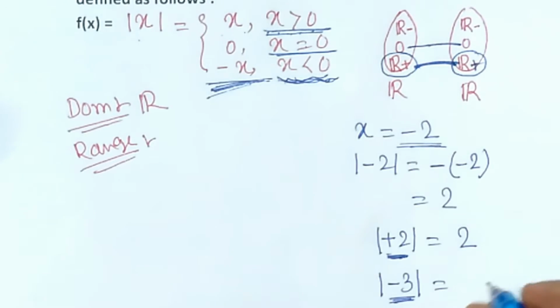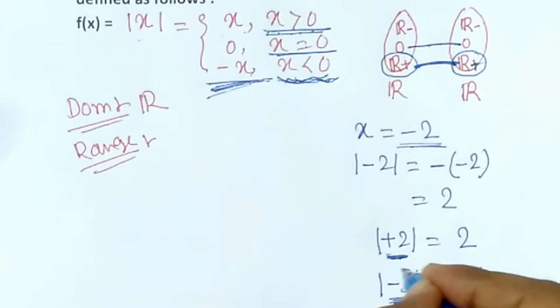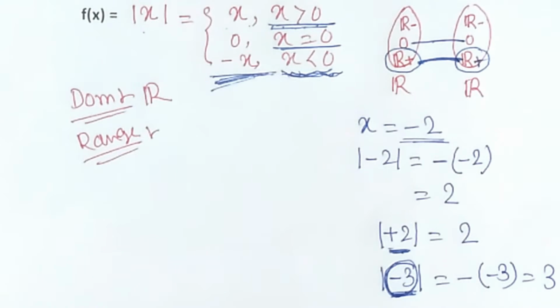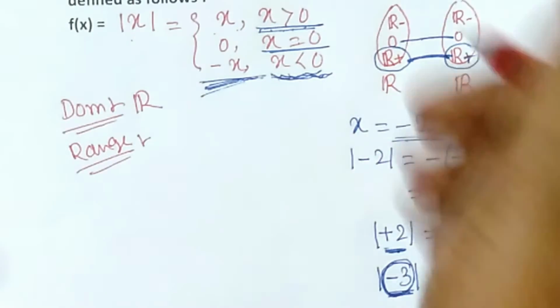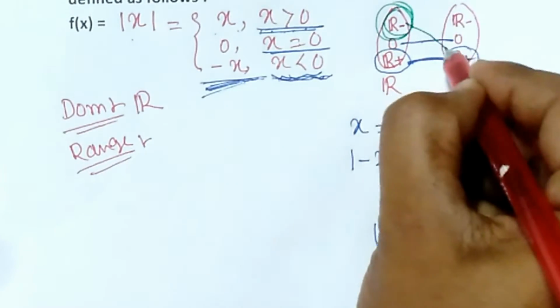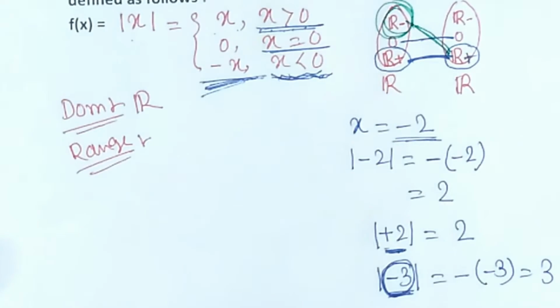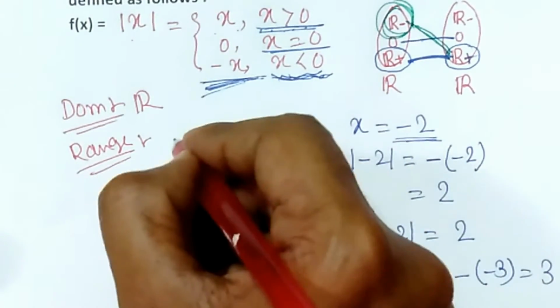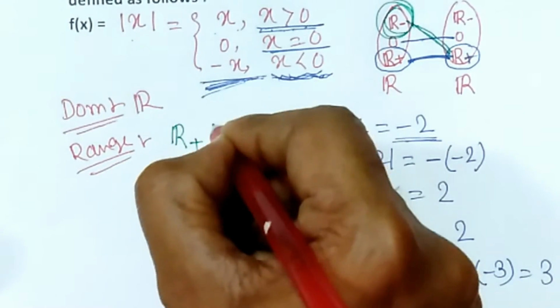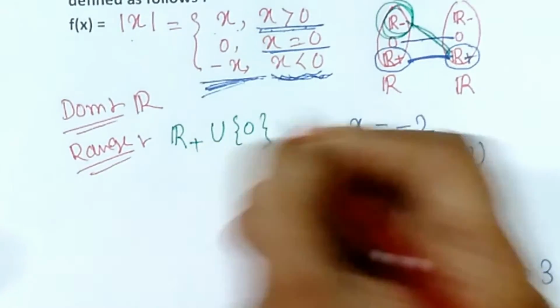By the definition of mod x, this will give us a minus sign outside and the x. What is our x? In this case, x is minus 3. So this is positive 3. So it is clear to you that the negative numbers of the domain set will map to the positive real numbers. So clearly the range of the modulus function is the positive reals together with the singleton set 0.